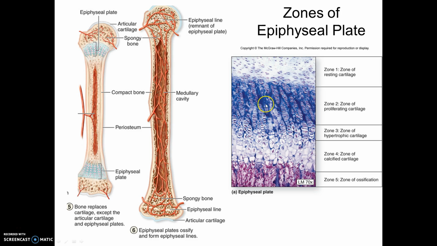And then the zone of hypertrophic cartilage is shown here, where the chondrocytes have stopped dividing and they become enlarged, or hypertrophied, which is a sign that they're soon going to die. In the zone of calcified cartilage, you can see now where the matrix has calcified, so the chondrocytes have died.